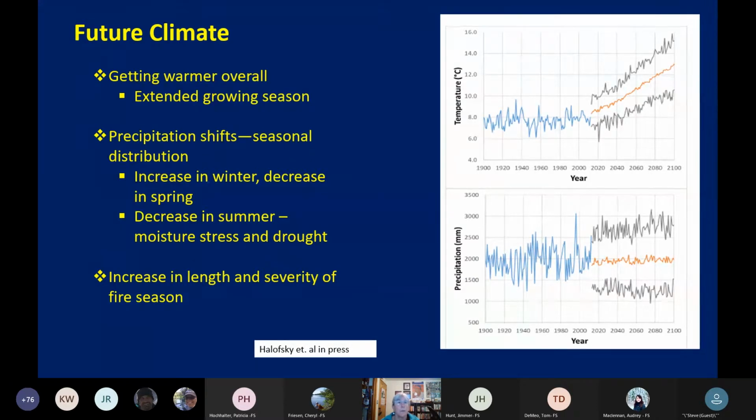So that warming effect is really meaning an extended growing season for landscapes in our part of the world.